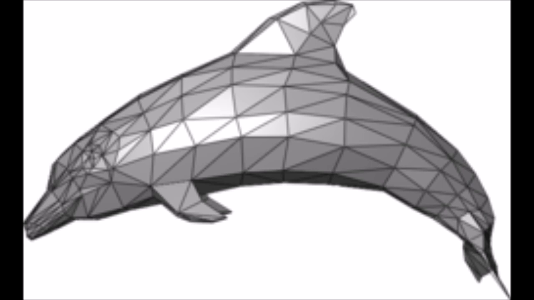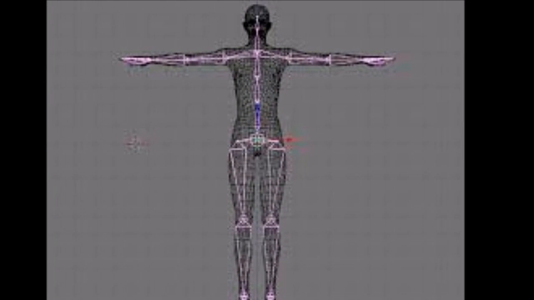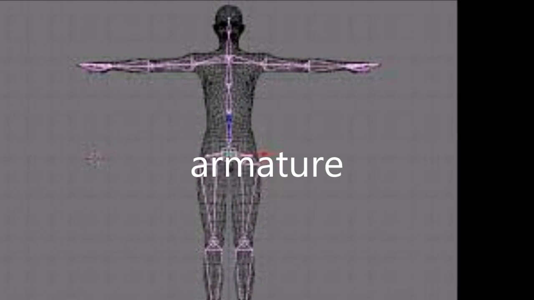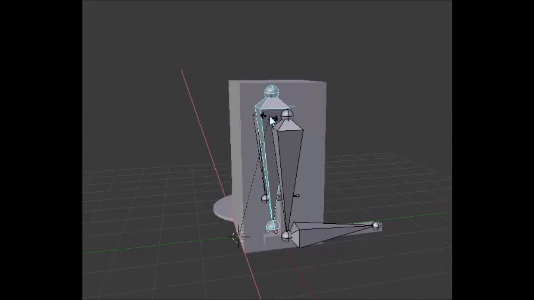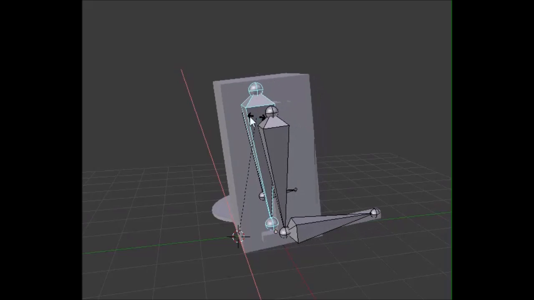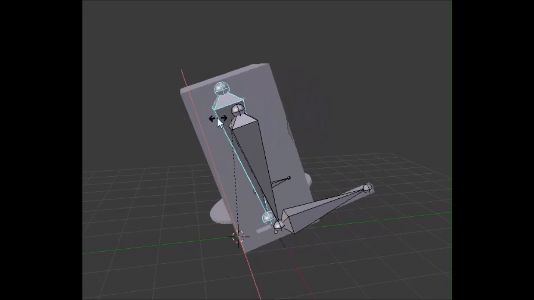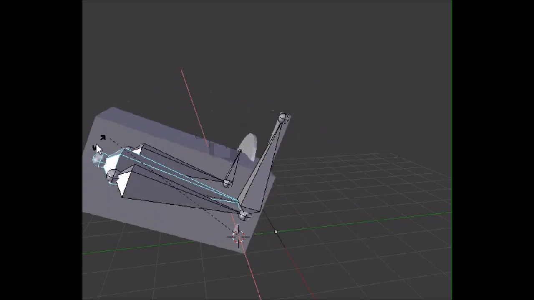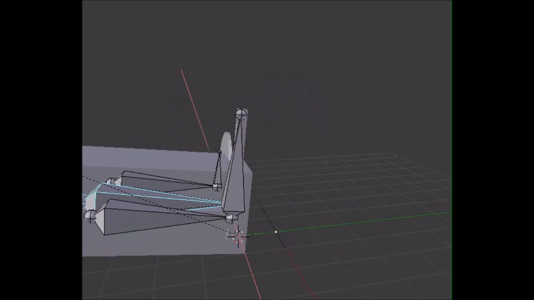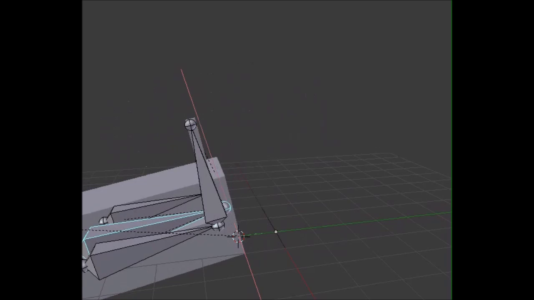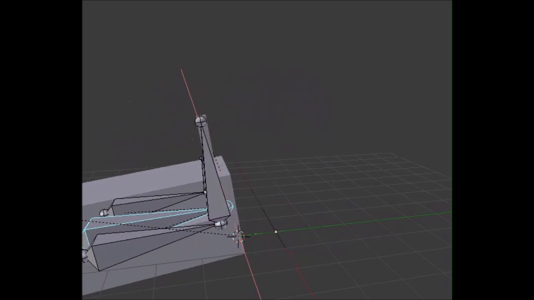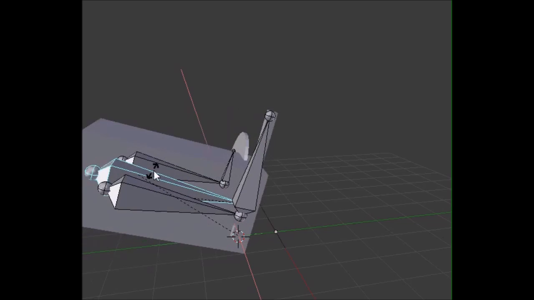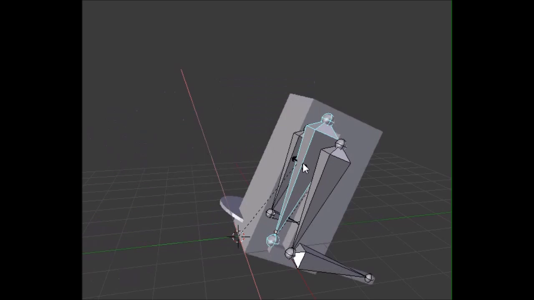Sometimes the mesh is given an internal digital skeletal structure called an armature that can be used to control the mesh by weighting the vertices. This process is called rigging and can be used in conjunction with keyframes to create movement. Other techniques can be applied, mathematical functions, for example gravity, particle simulations, simulated fur or hair, and FX, fire and water simulations. These techniques fall under the category of 3D dynamics.